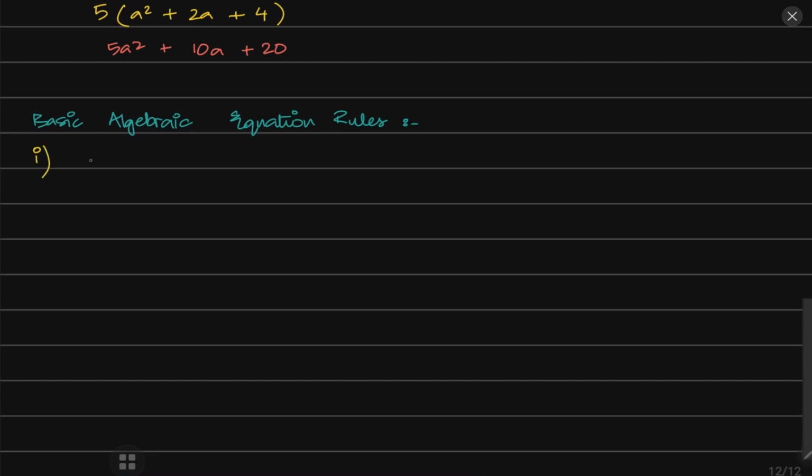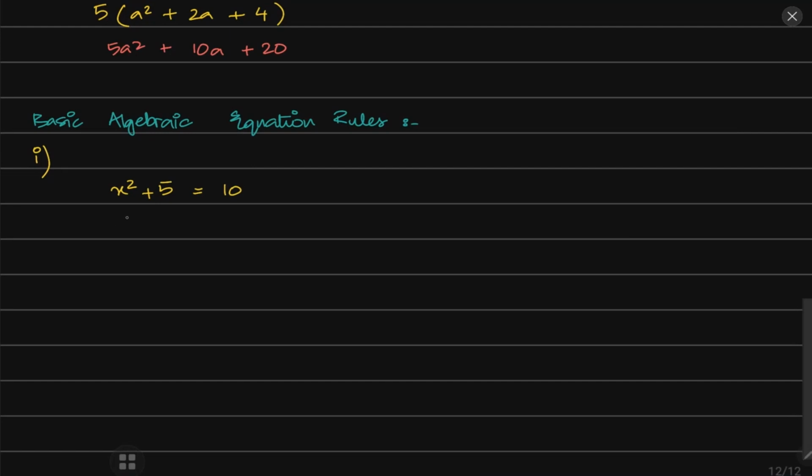Let's see. The first one would be that equal numbers may be added or subtracted from each side if you're supposed to solve a certain equation. But let's suppose I have x squared plus 5 equals 10, right?